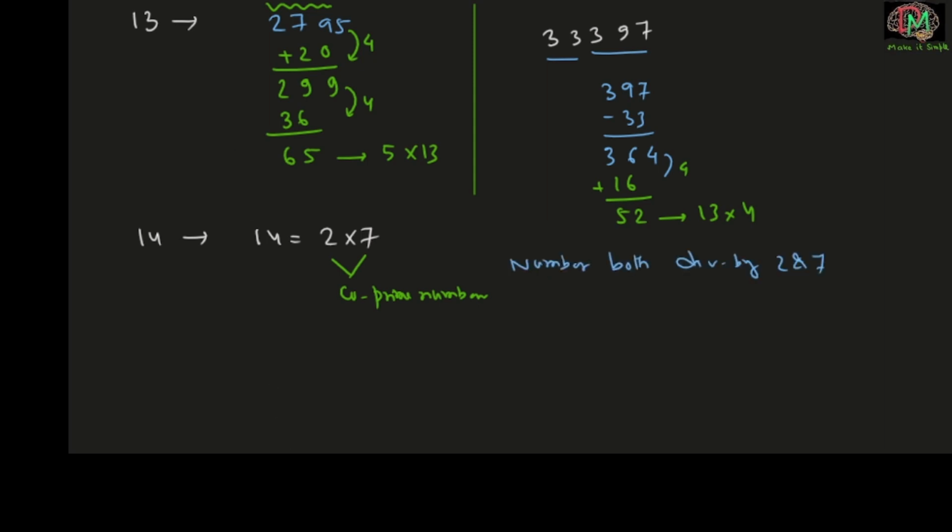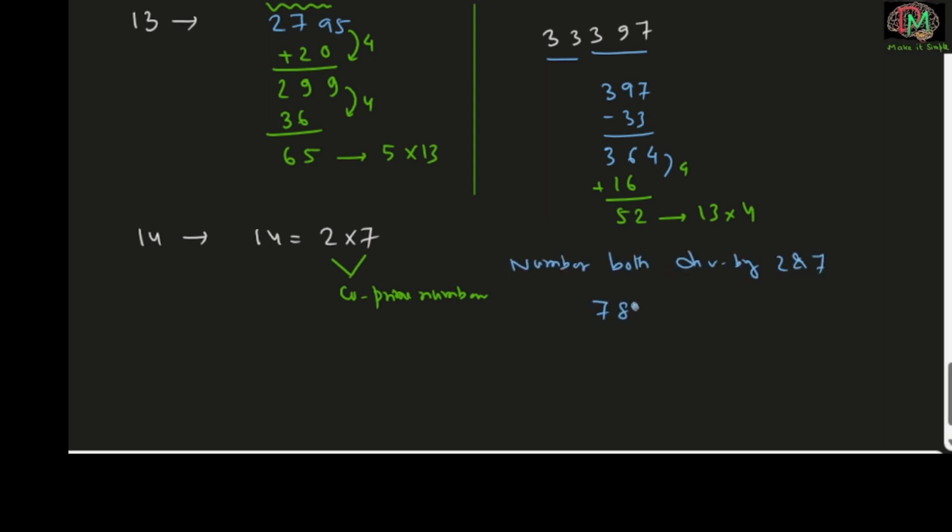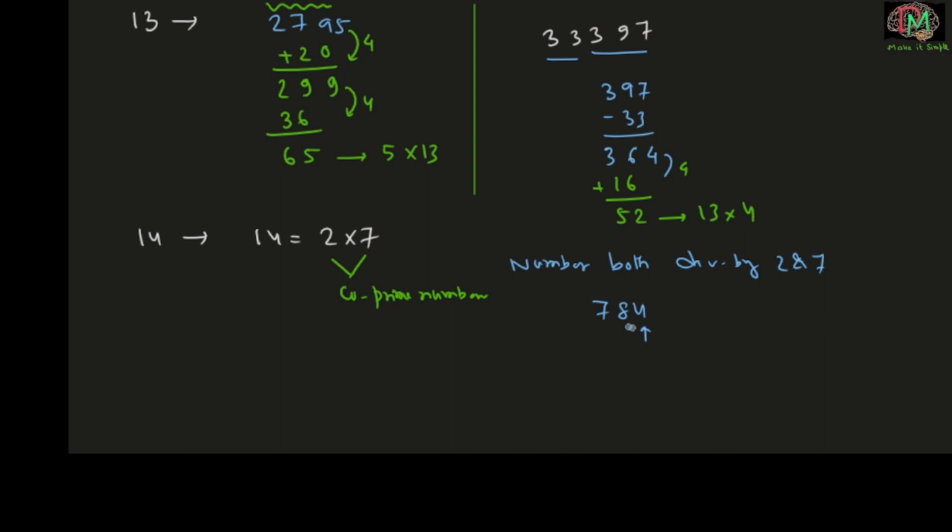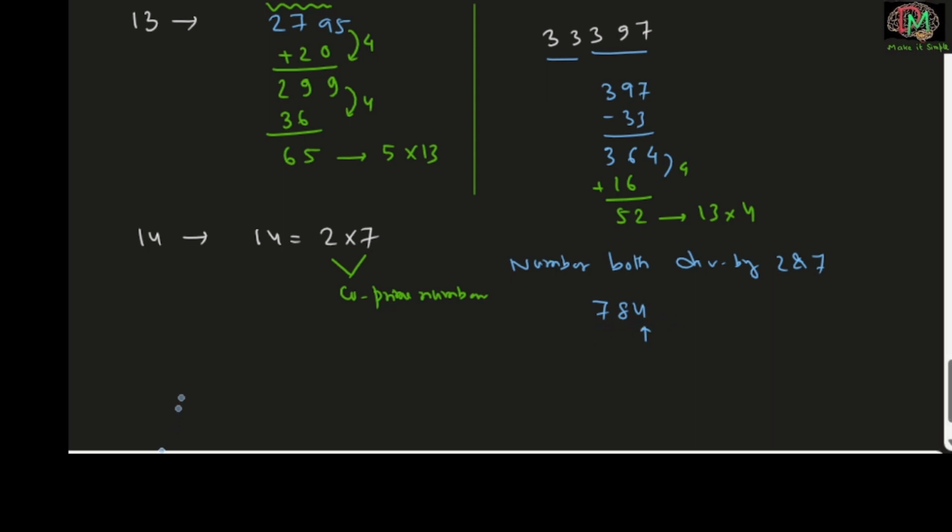Let's take one example, 784. It is divisible by 2 because the last digit is an even number, and you apply the 7 divisibility rule, or you can simply divide to see that this is also divisible by 7. So 784 is divisible by 14.